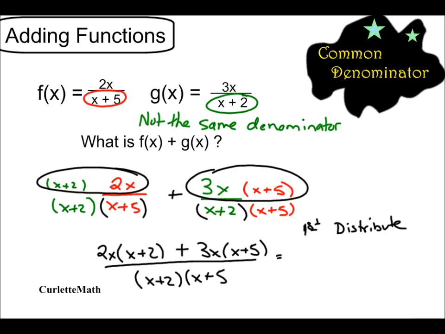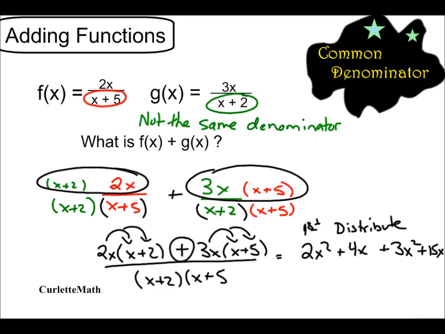I'm going to have 2x squared plus 4x. I got that by distributing the 2x, plus, because I have the plus sign here, and now I need to distribute out that 3x. So I'm going to get 3x squared plus 15x. Now I still have that all over my denominator of x plus 2 and x plus 5.